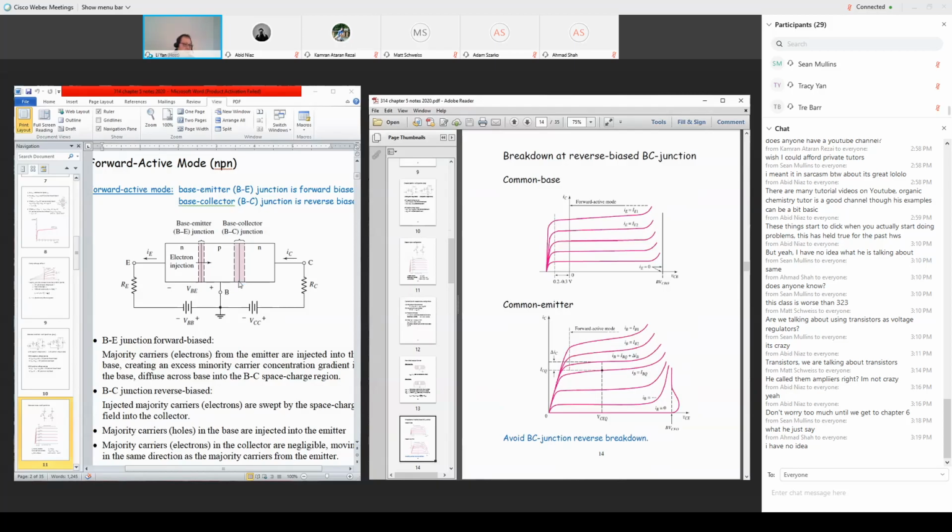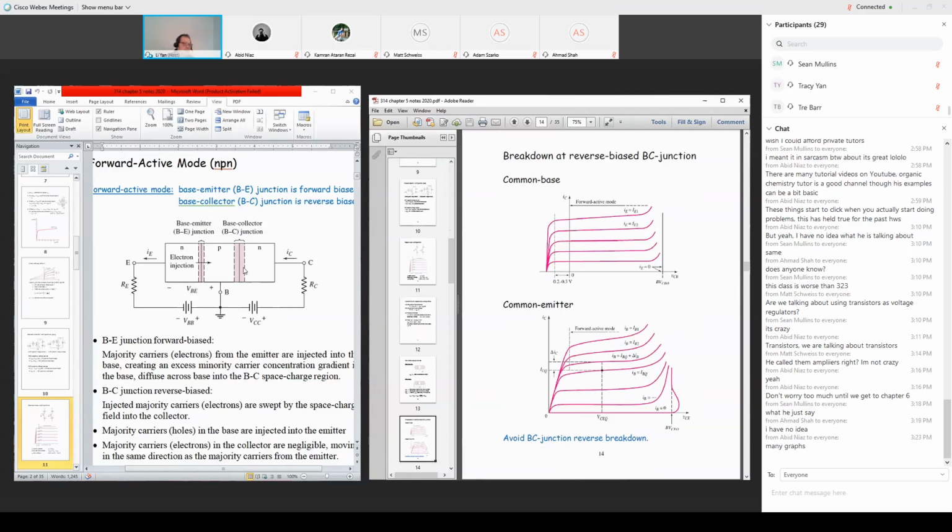Once reverse breakdown occurs, you can generate a lot of carriers by breaking the covalent bonds in this PN junction, and you have a lot of additional carriers available, creating a big current. That's illustrated in this curve.